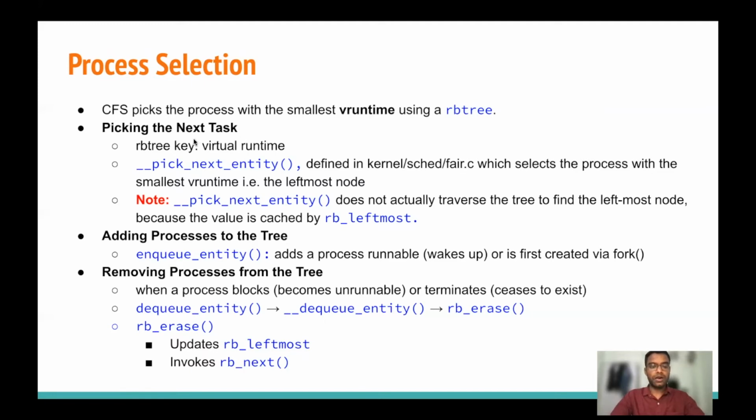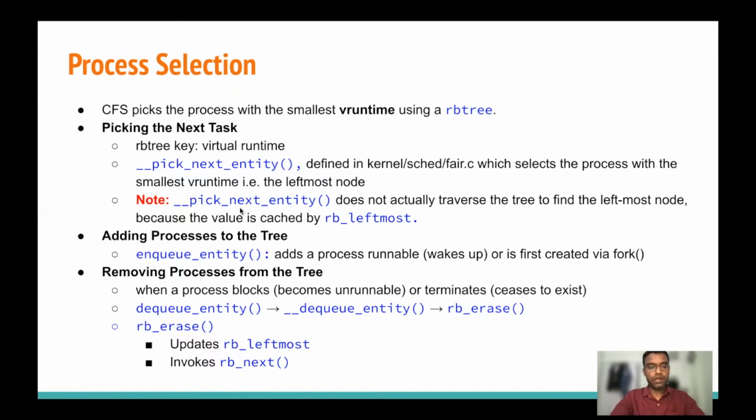To pick the next task to run, it calls the pick next entity function, and this function will find the leftmost node in the red black tree, because the leftmost node contains the entity that has the minimum virtual runtime.